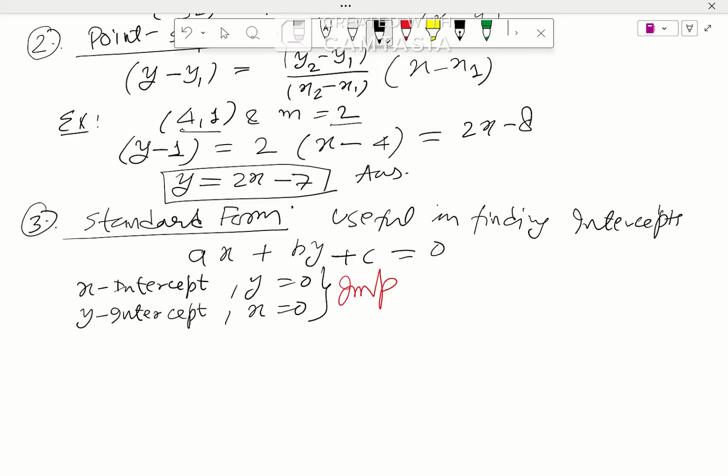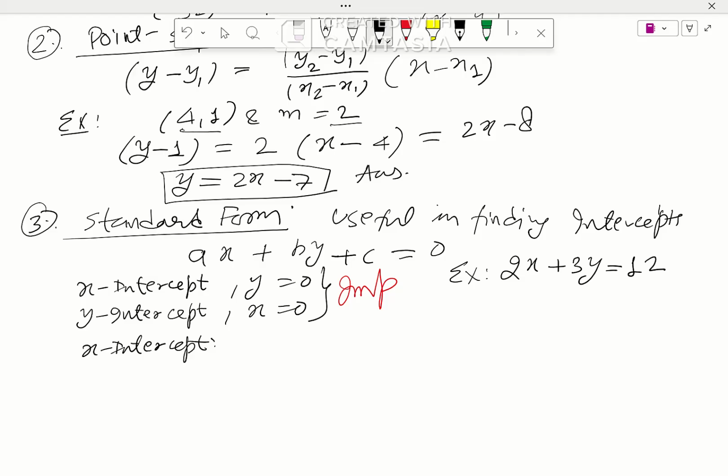Now let us look at an example. Find both the intercepts, x-intercept as well as y-intercept, for this line: 2x plus 3y is equal to 12. Let us quickly find the x-intercept. How do we do that?